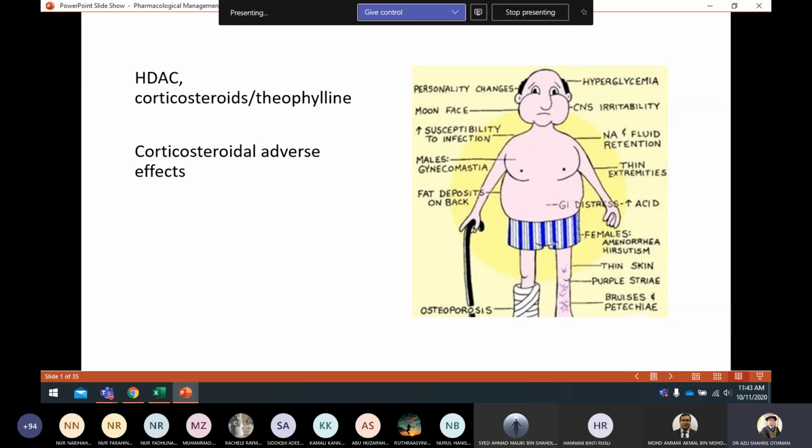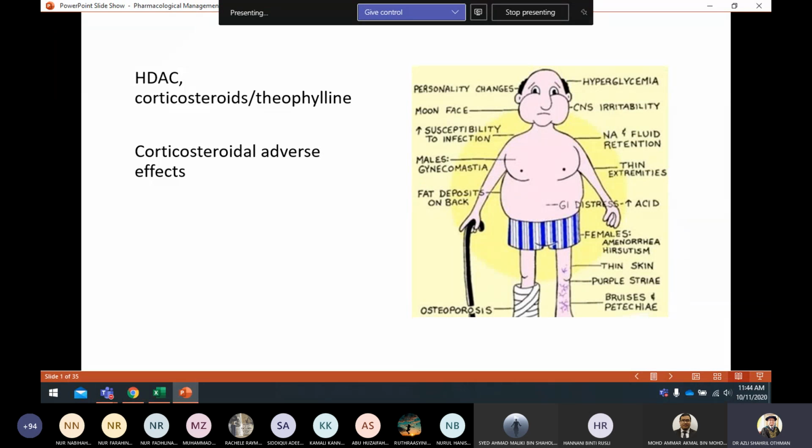Hence, it has been shown in clinical studies that if theophylline is given together with steroids, you get a synergistic or additive effect to the treatment. So that was the question yesterday, and yes, you will definitely get a better effect when you give theophylline and corticosteroids together.